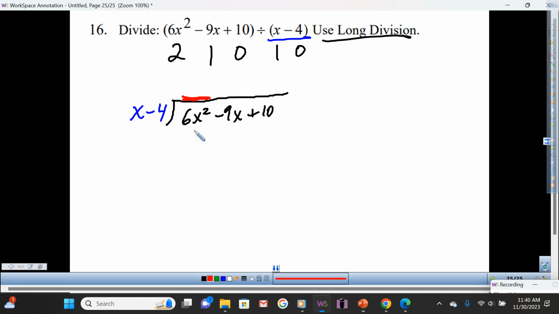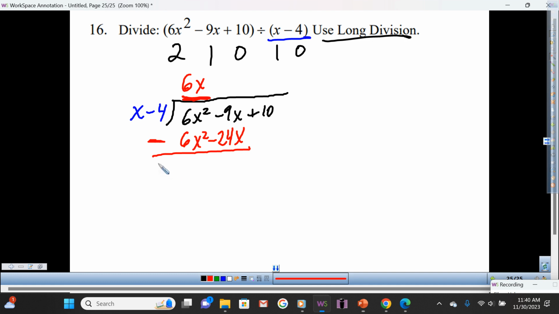Tell your neighbor, please. All right, go, Laura. 6x. 6x times x is 6x squared. 6x times negative 4 is negative 24x. That is correct.